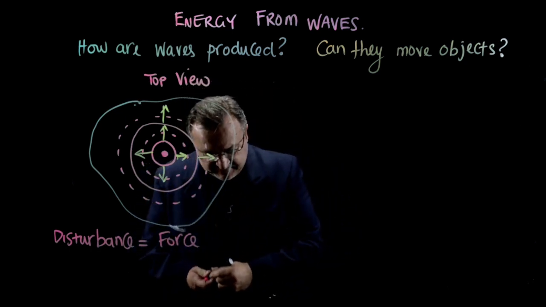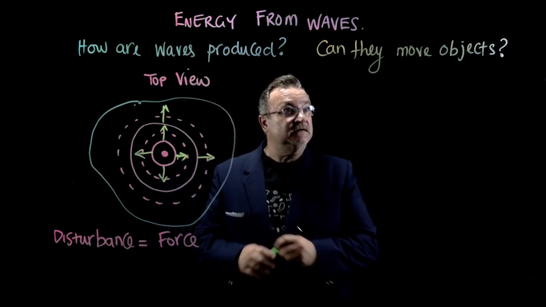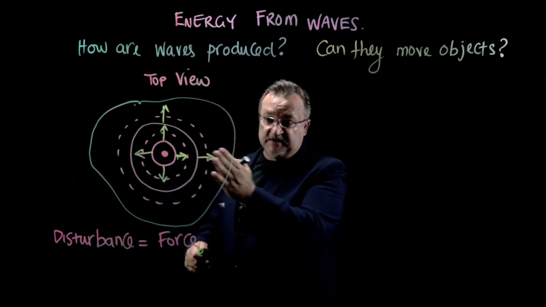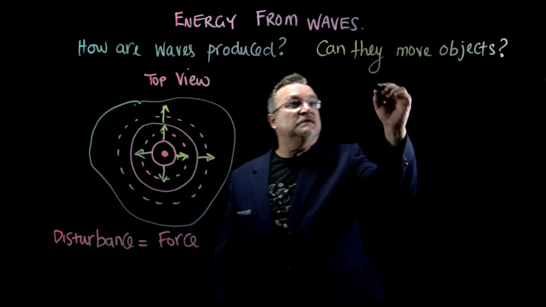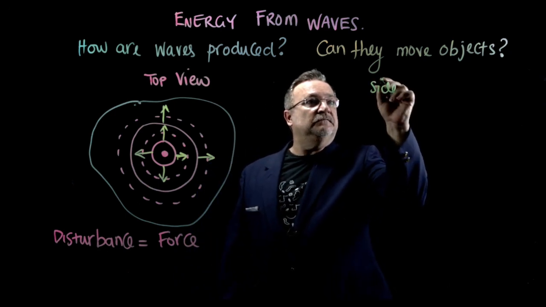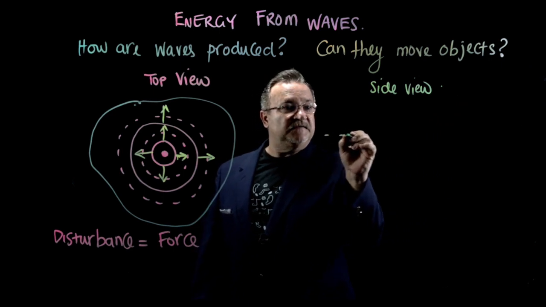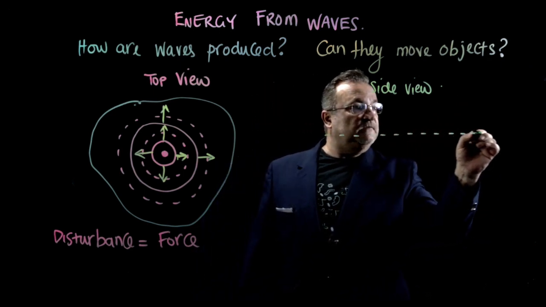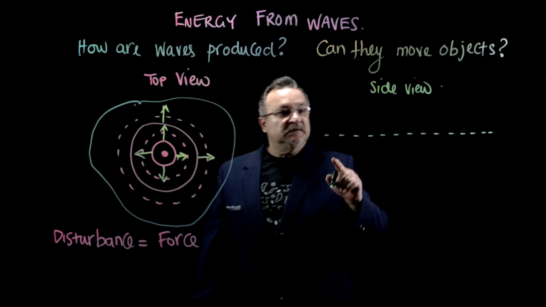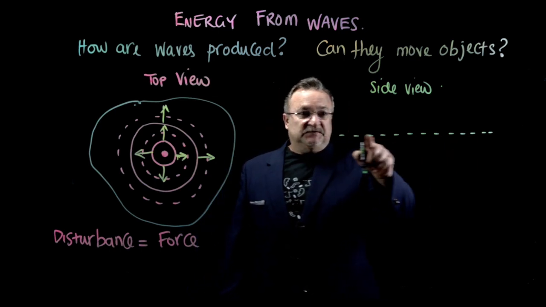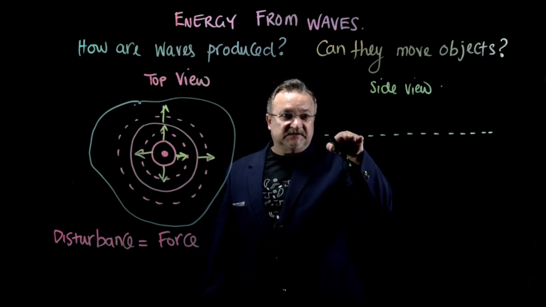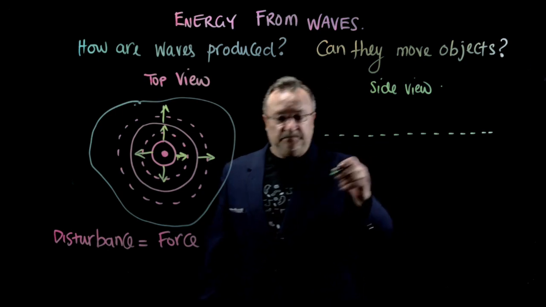If we now consider the side view of these waves, and let's say that this line here represents the undisturbed water surface. So we're looking at it from the side now rather than from the top.